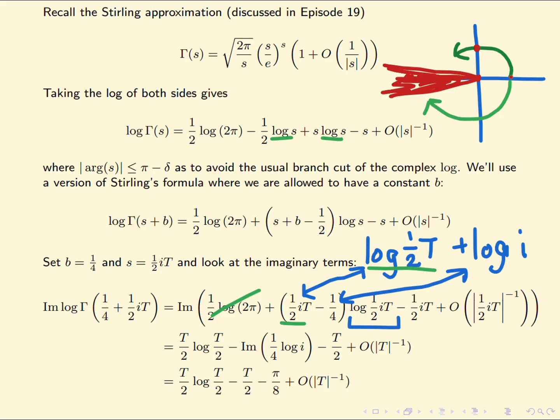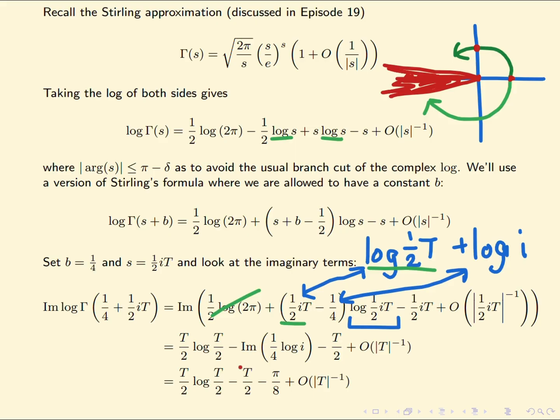And the imaginary part of the log is going to be the angle to get here from the real axis. So you need to go pi over 2 to get from 0 to i. So log of i is going to be i times pi over 2. If you multiply it together, it gets i times pi over 8. But if you do the imaginary part, you can get rid of the i, so then you just get minus pi over 8. Okay, so you get this equation.